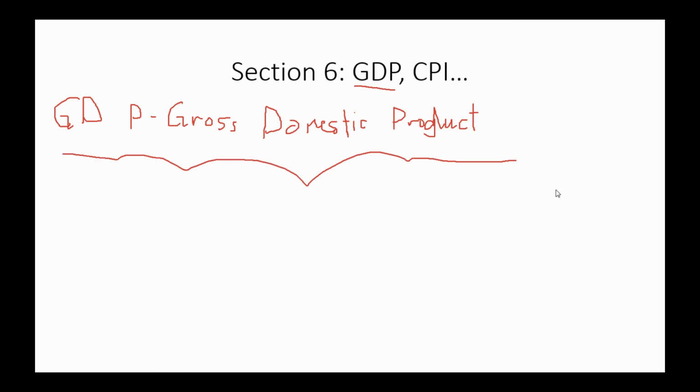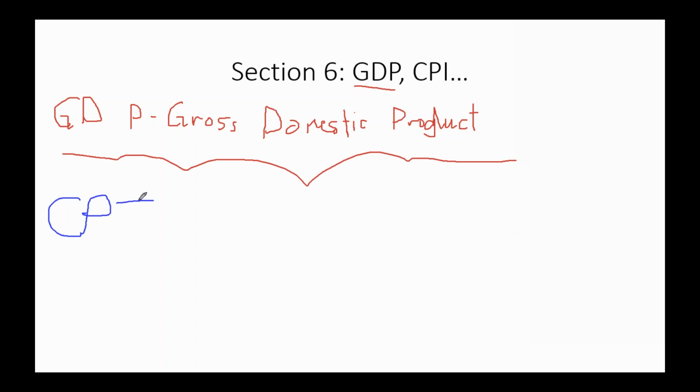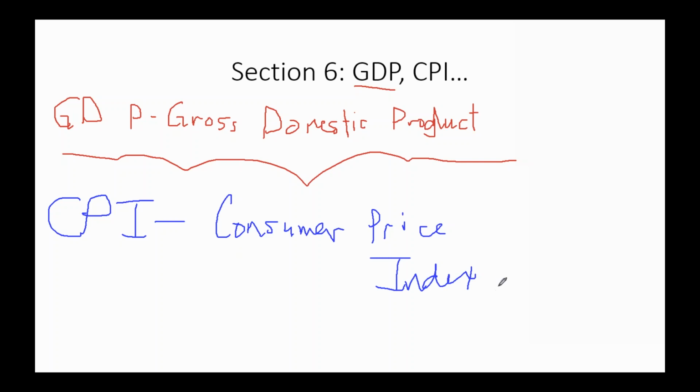Okay, the next thing we're going to talk about, we're going to do math in just a minute, don't worry, is the CPI, and you're going to be sick of CPI by the end of this. CPI is the Consumer Price Index. The Consumer Price Index is what we use to talk about inflation, how much things have increased in terms of price or cost over time.